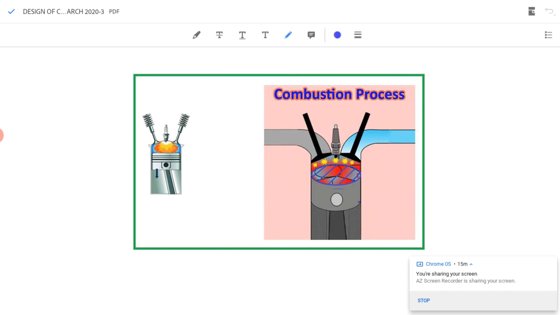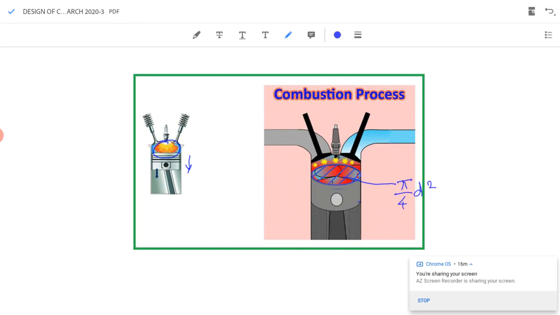See this figure. During the power stroke, there will be a high explosion of gases in the cylinder which exerts a downward force on the piston. So, the piston moves downwards and the crank will rotate. The piston has a circular area, so area will be equal to pi by 4 into d square.